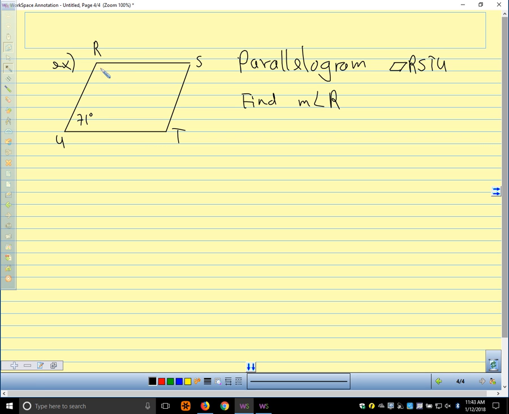Same side interior angles. Or we can think of them as consecutive angles in a parallelogram. They are supplementary. You can look at your graphic organizer and see that. So we know that they're supplementary. So the measure of angle R is 180 minus 71, which is 109.